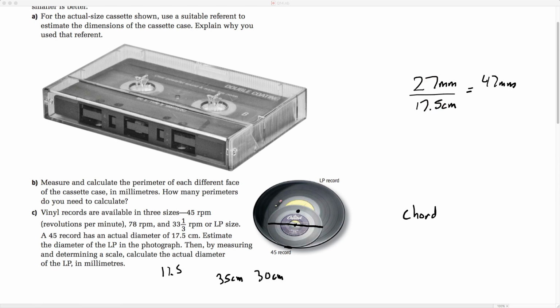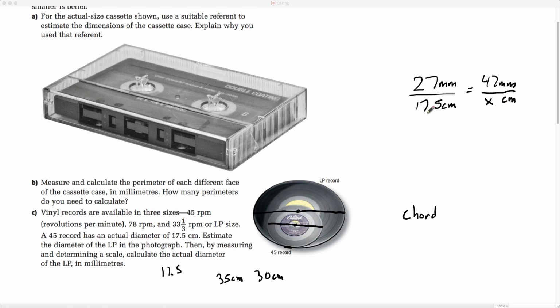And then I measured the LP, same thing, trying to get the longest possible distance going through the center, so the diameter of the LP. And once again, I did not obsess, I just did it reasonably quickly, but I tried to be somewhat accurate. I got 47 millimeters, and notice I'm comparing millimeters with millimeters, and then I want to know what will that be, and since I've got millimeters over centimeters, this would be millimeters over centimeters.